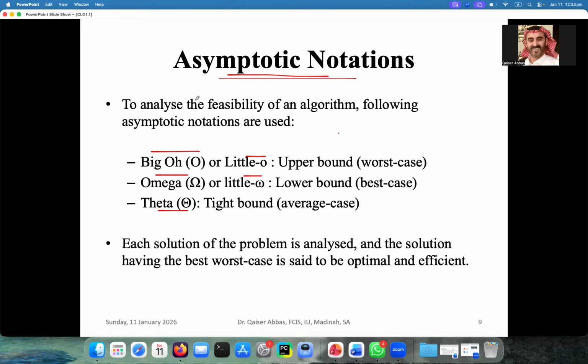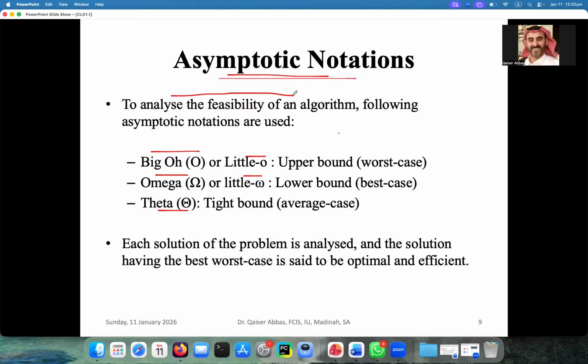Through these asymptotic notations, we can analyze the feasibility of an algorithm. What it means is whether the algorithm is okay for us or not, correct for us or not. Feasibility normally is some process to check whether something is good to go or not.